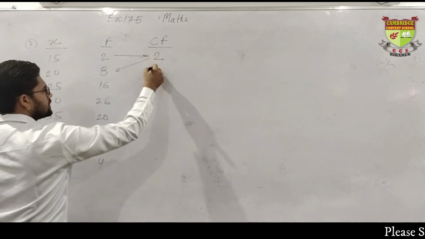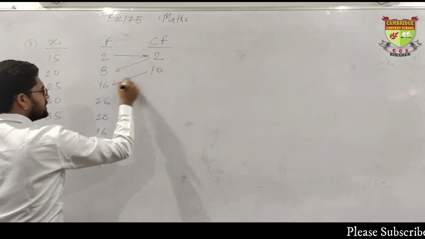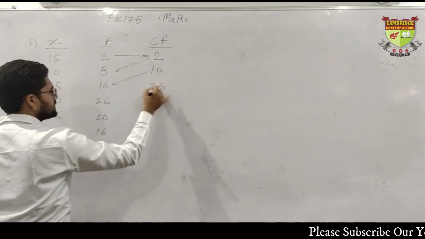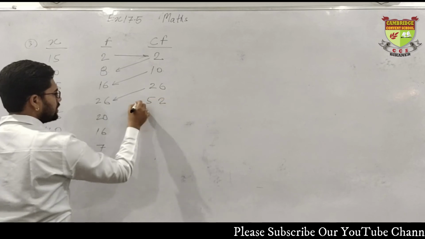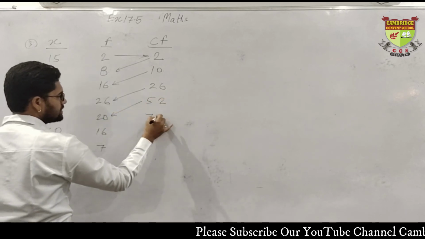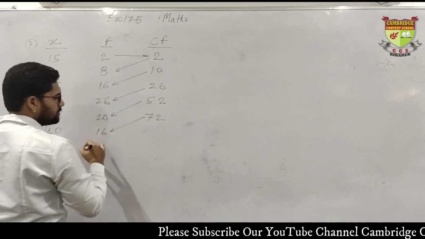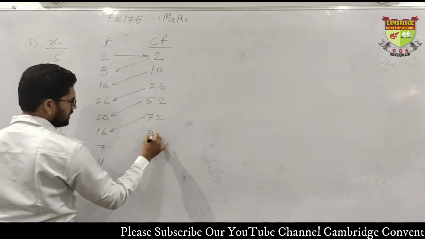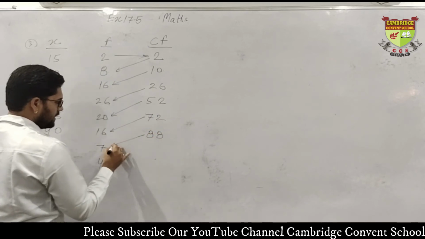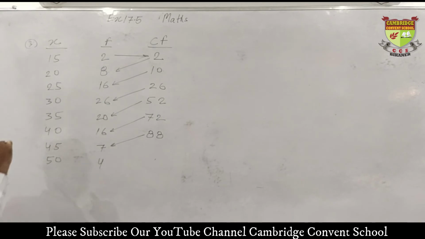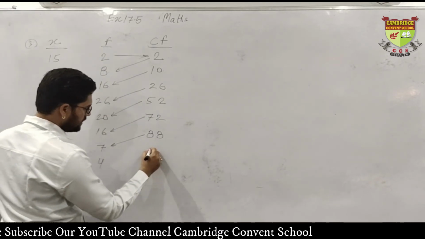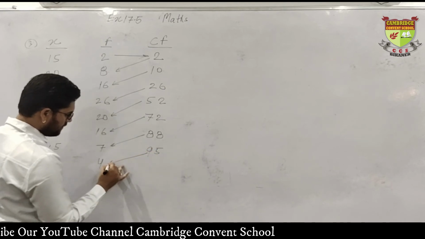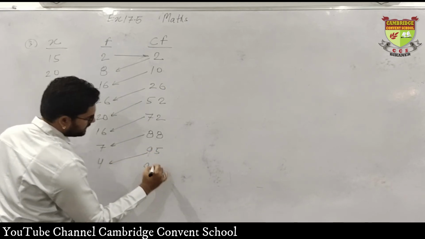8 plus 2, 10. 10 plus 16, 26. 26 plus 26, 52. 52 plus 20, 72. 72 plus 16, 88. 88 plus 7, what it will be? It will be 95. 95 plus 4, it will be 99.